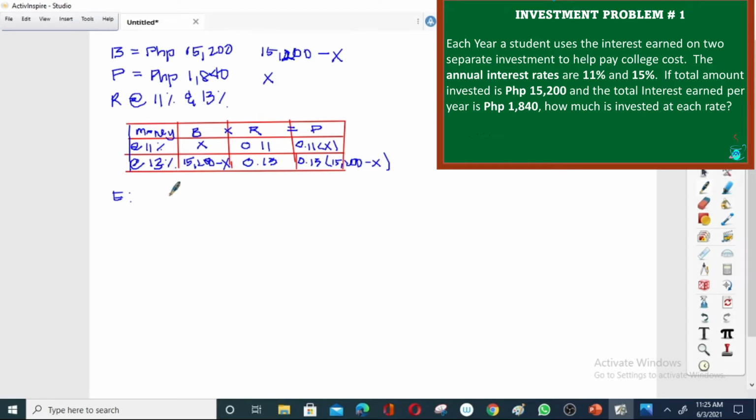So let's form an equation. This is just like what we did in the coin problem.